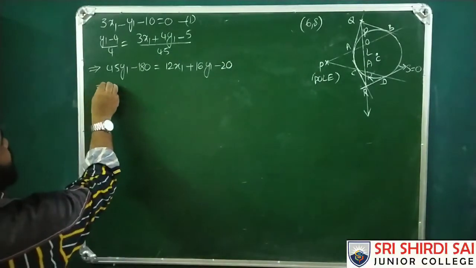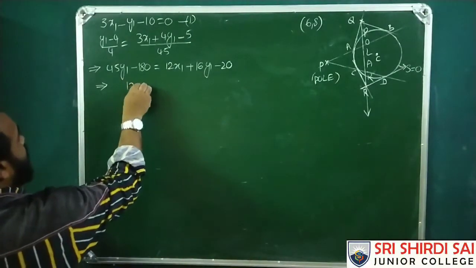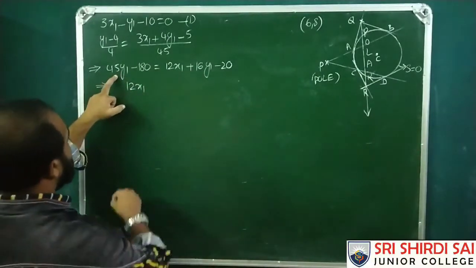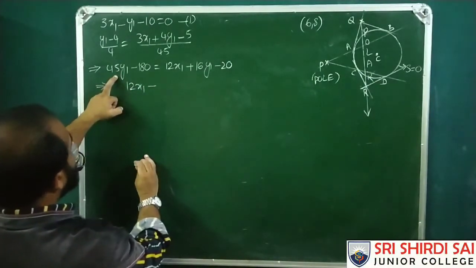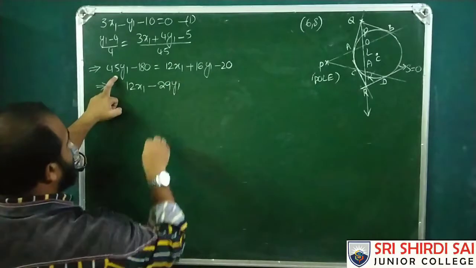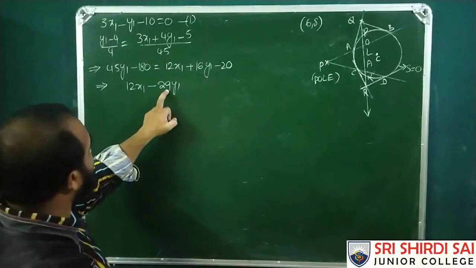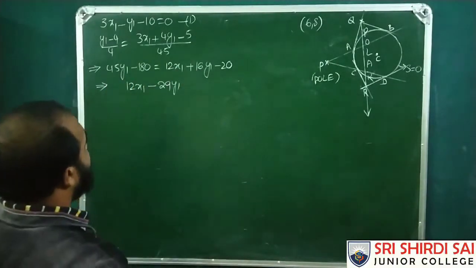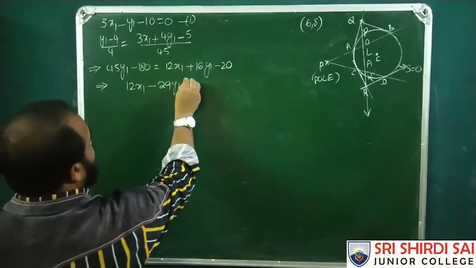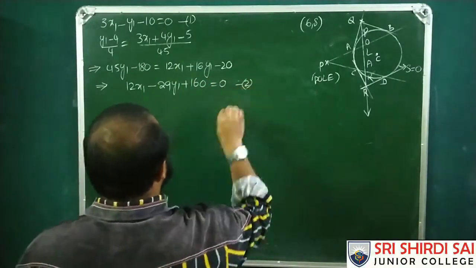This is equal to 12x1, 16y1 minus 45y1, minus 29y1. So 4 3s are 12x1. So 16 minus 45y1 is minus 29y1. So this minus 180 if you bring to that side, so plus 160 equals to 0. Let us suppose that this is the second equation.